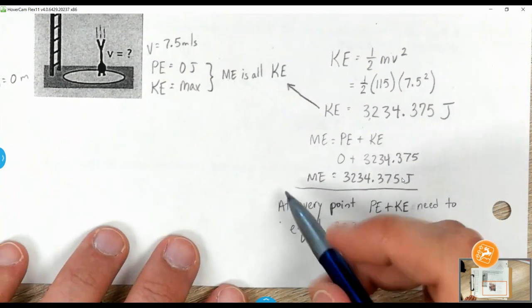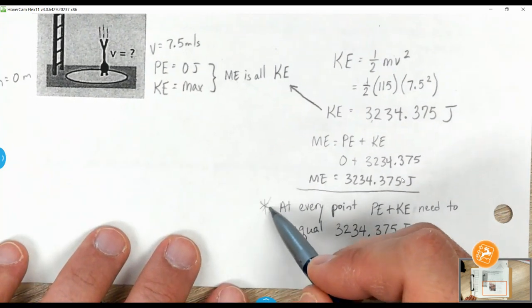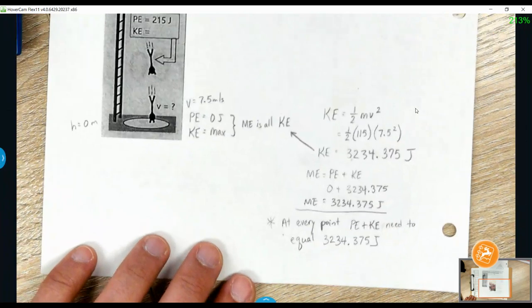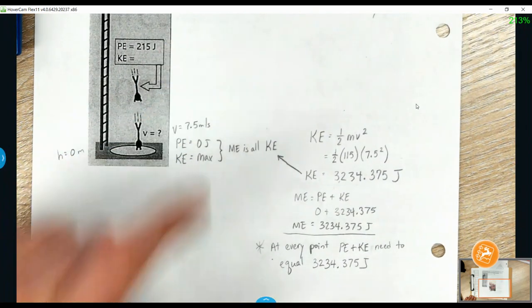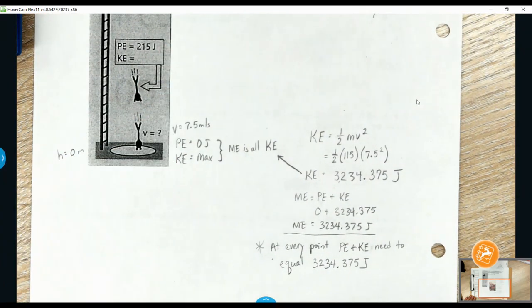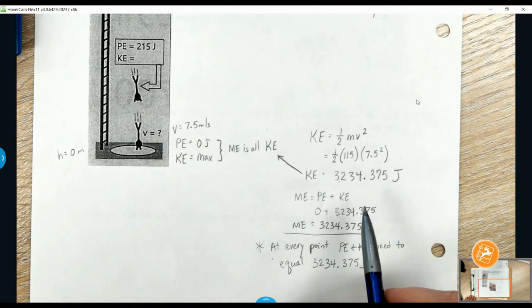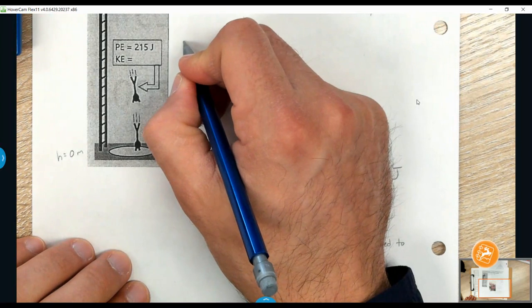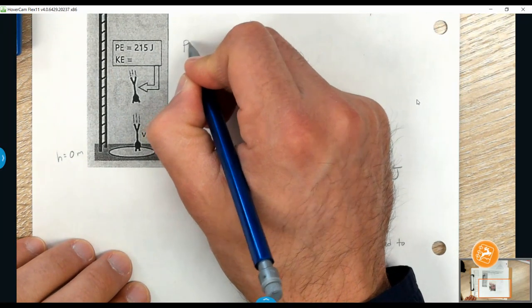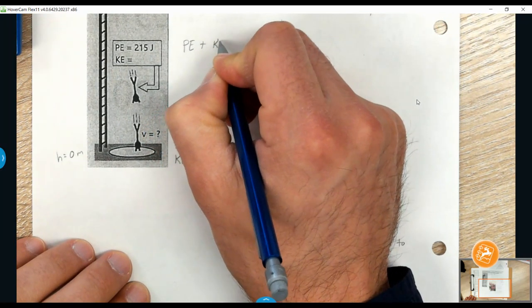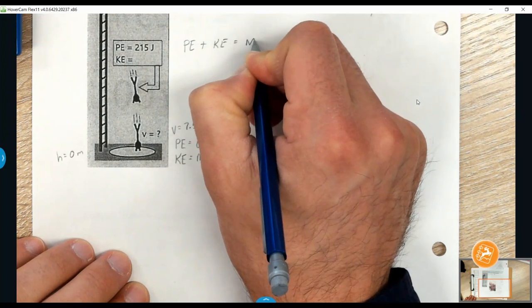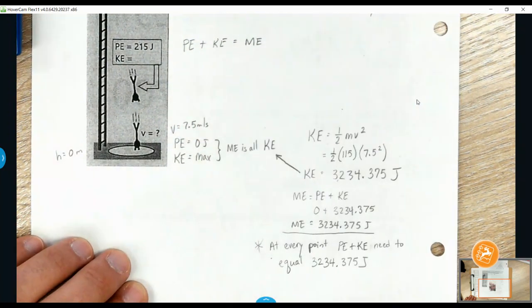All right, so knowing that, you can find out what the kinetic energy is here. So again, mechanical energy, potential plus kinetic is going to equal my mechanical.